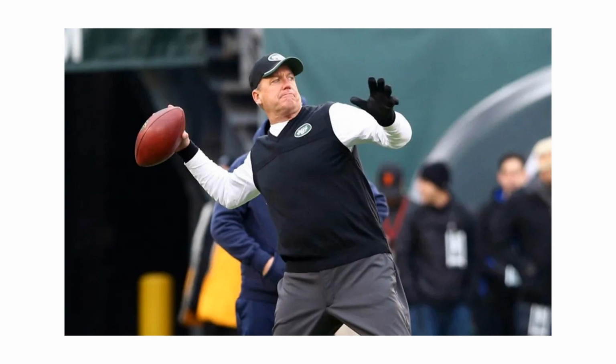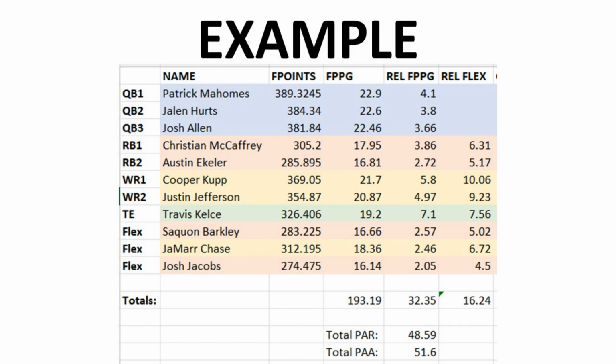So first, let's start with this example team, so make it a little easier to read. So first things first, obviously the first column after name is going to be just fantasy points on the season. You divide that by 17 with most players, and that's fantasy points per game. That's the second column. The third column's relative fantasy points per game.